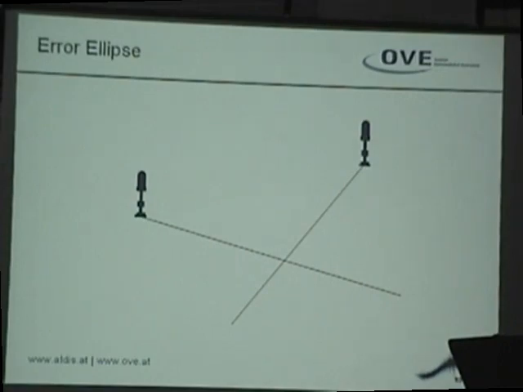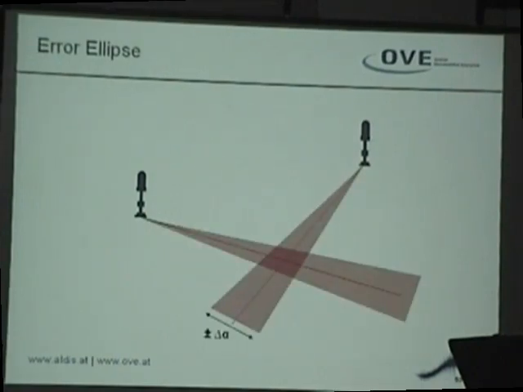For every stroke location, you will get an error ellipse, which gives you the region with a certain probability that the stroke is inside. I will try to explain what the error ellipse is. I have here two sensors which have a random angle error, plus minus alpha.